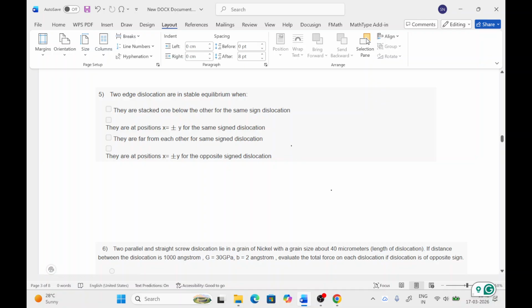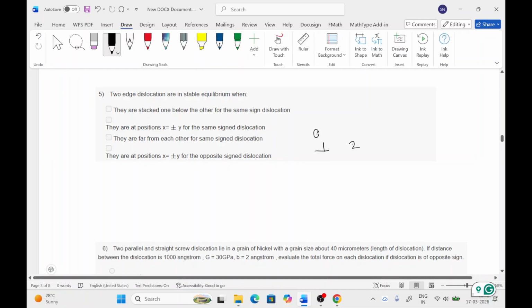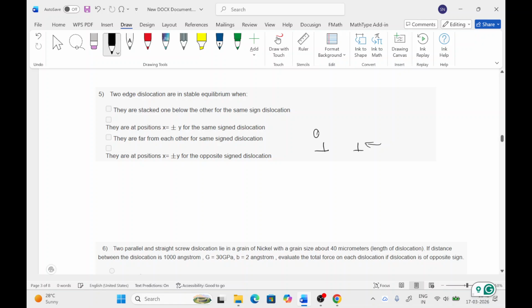If one edge dislocation is here and the second dislocation is coming near to it, both dislocations have a stress field, as we discussed in previous lectures.